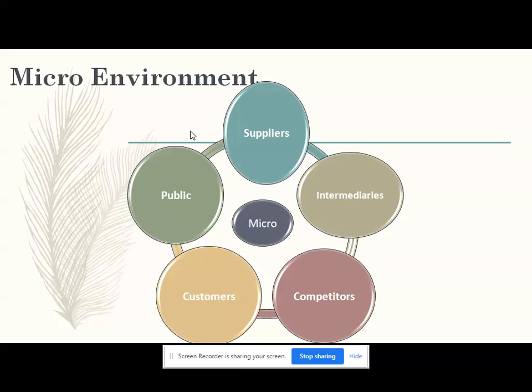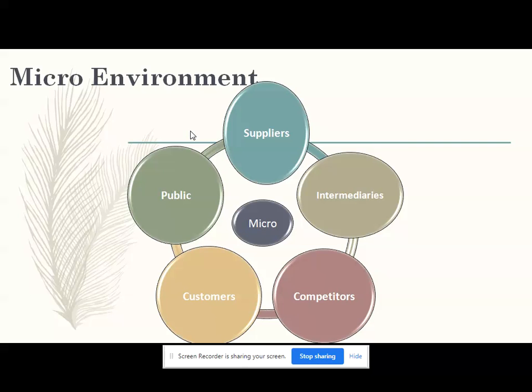There are different types of customer markets, including consumer markets, business markets, government markets, and international markets. Also, reseller markets are a new trend. So this is all about customers. Customer is undoubtedly the important force which is acting on and shaping the organization.